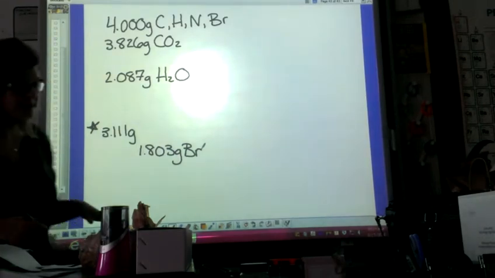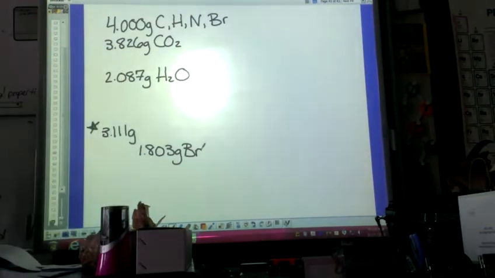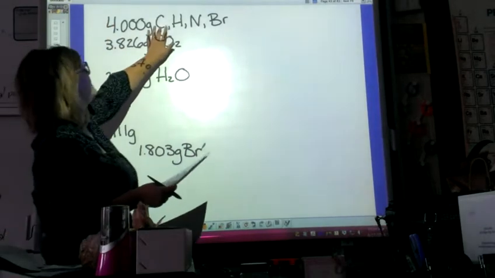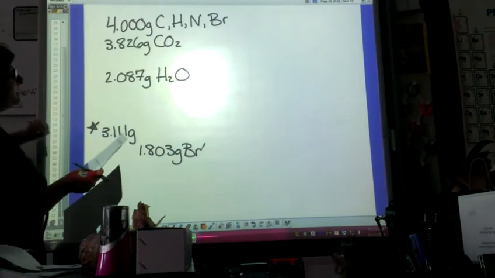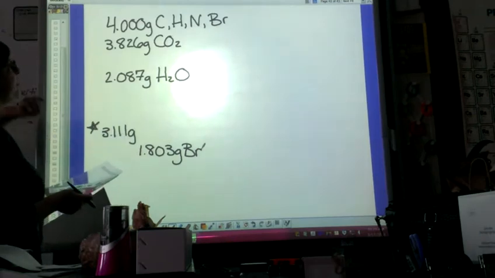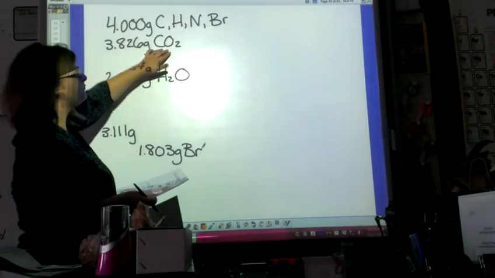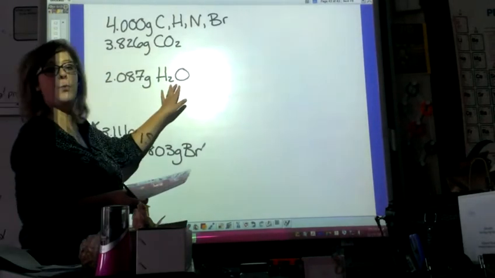Okay, on the packet it said, a combustion of 4 grams of a compound that contains only, so I have a 4-gram sample that has carbon, hydrogen, nitrogen, and bromine in it. This particular combustion reaction will yield 3.826 grams of carbon dioxide and 2.087 grams of water.